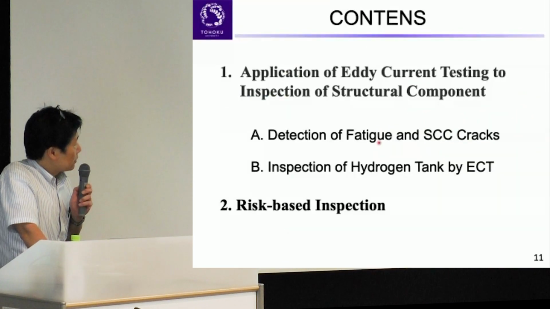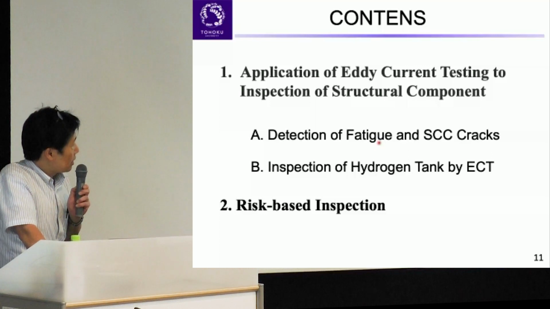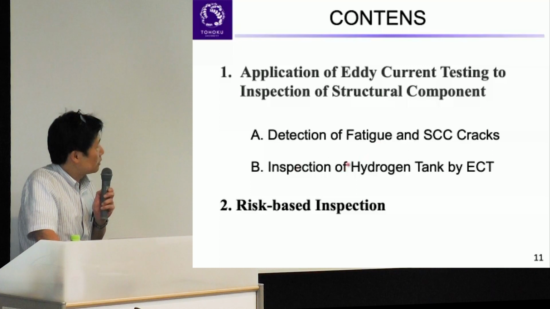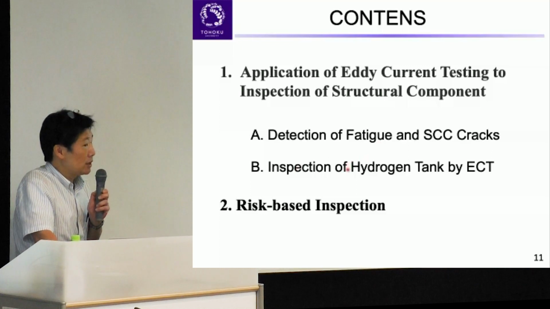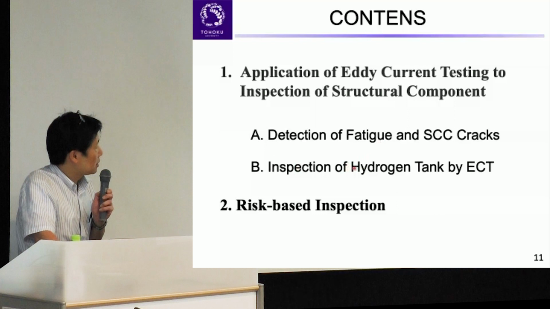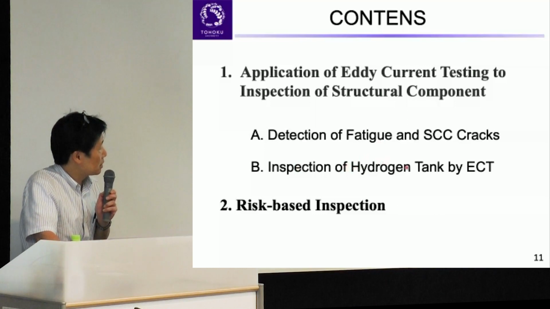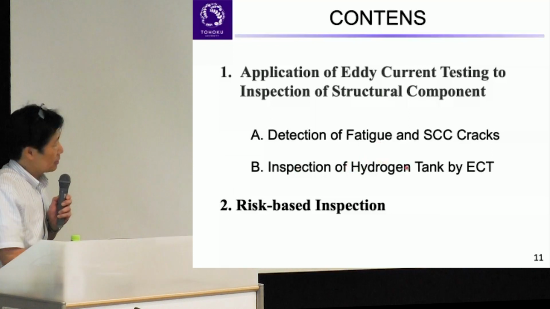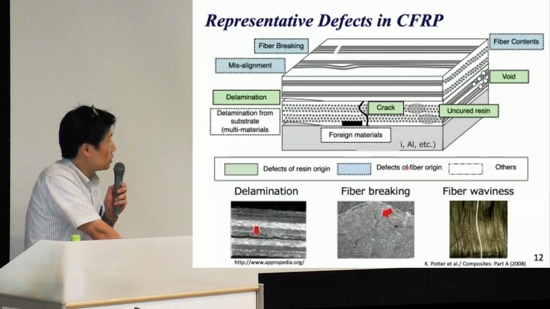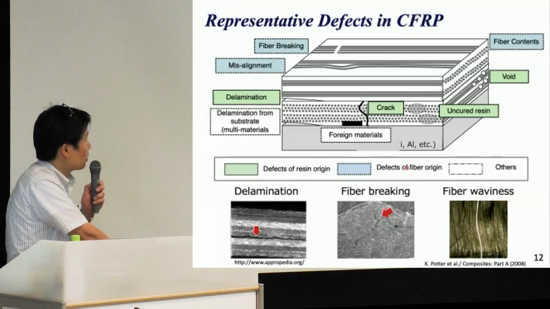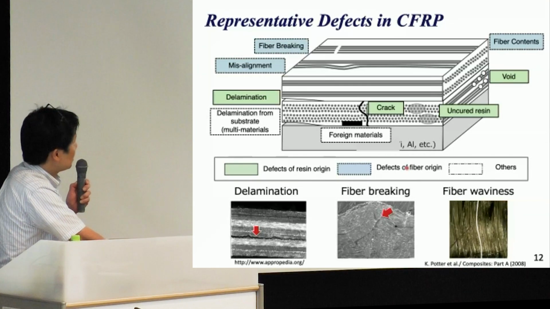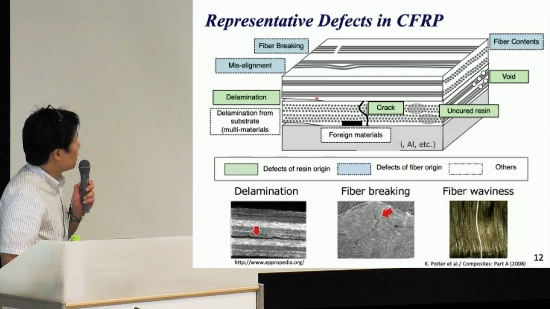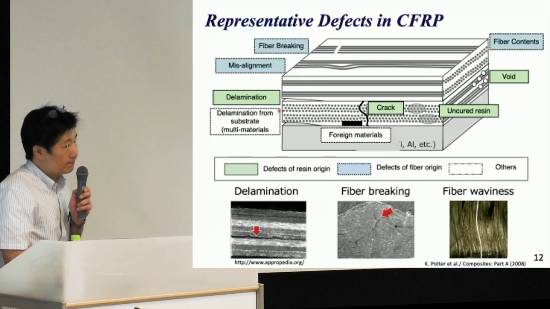As for another target, I will introduce the application of eddy current testing for CFRP components, especially hydrogen tanks made of CFRP. CFRP, as you know, is one of the composites, made of carbon fiber and resin.